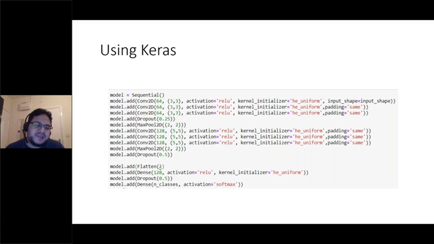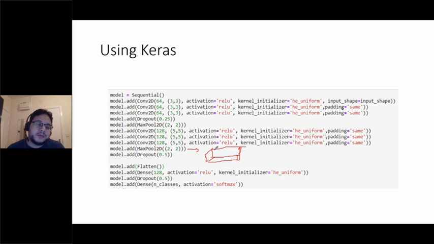Then flatten. Here we have the shape of the data at this output after this max pooling. What will be the shape of the output? Sorry, my drawing is a bit horrible.